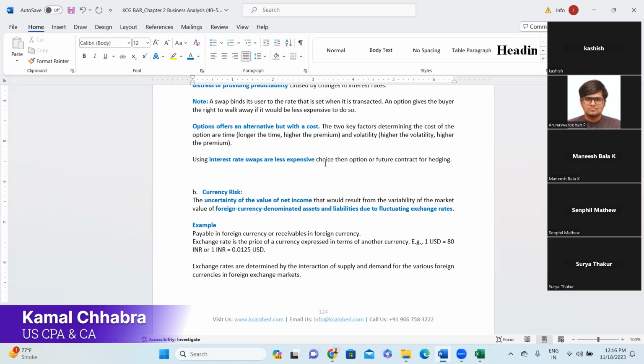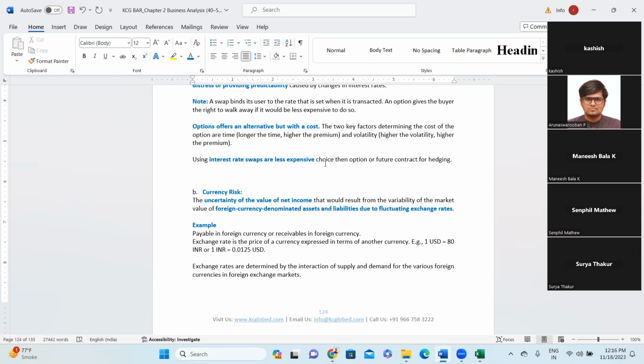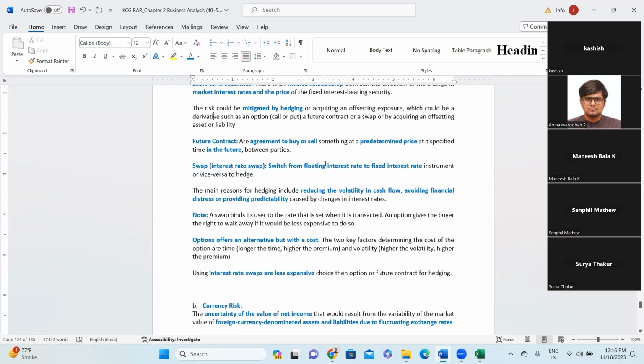An option offers an alternative but at a cost. The two key factors determining the cost of an option are time, the longer the period, the higher the premium, and volatility, the higher the volatility, the higher the premium. Right? Using interest rate swap is less expensive than any other.